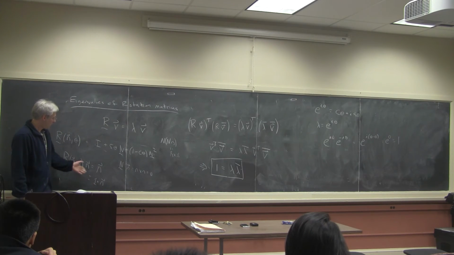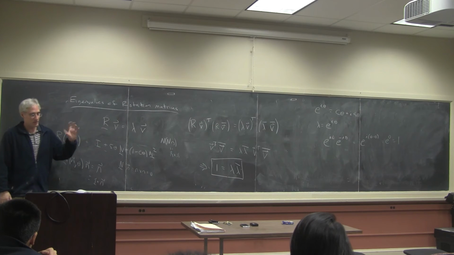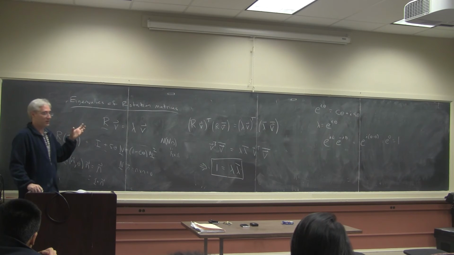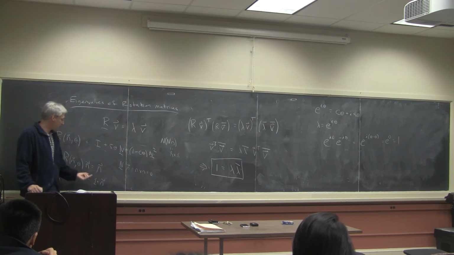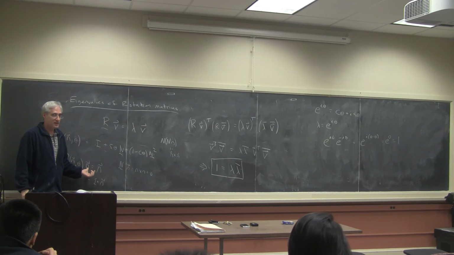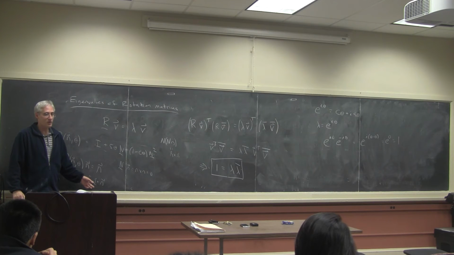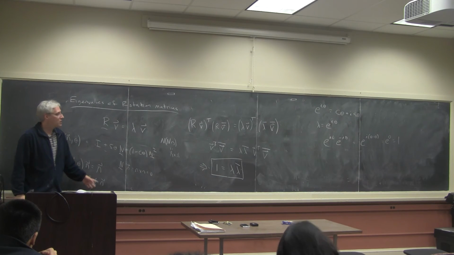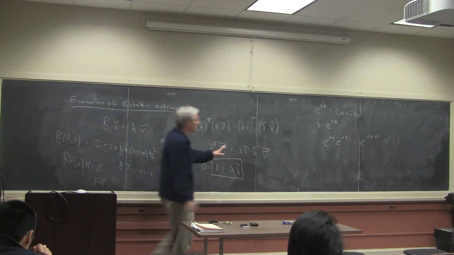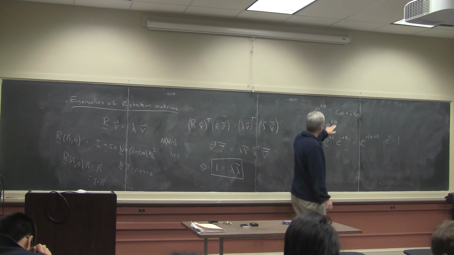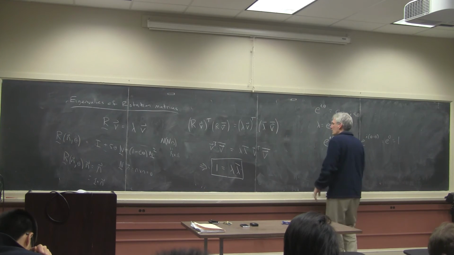So in other words, every 3 by 3 rotation matrix has as an eigenvector the axis of rotation, with eigenvalue the number 1. That's a very special case of this, where theta is equal to 0.